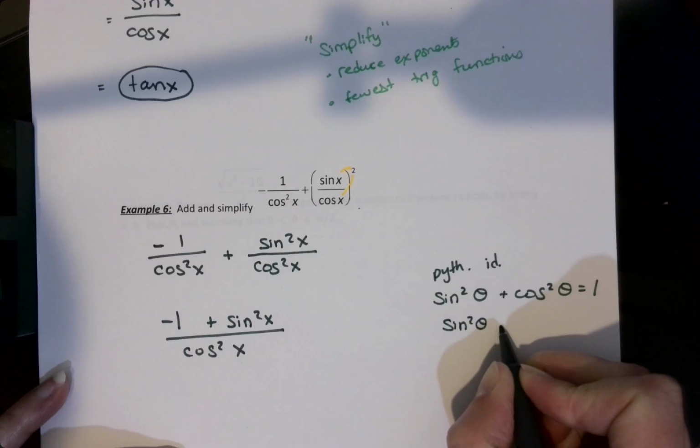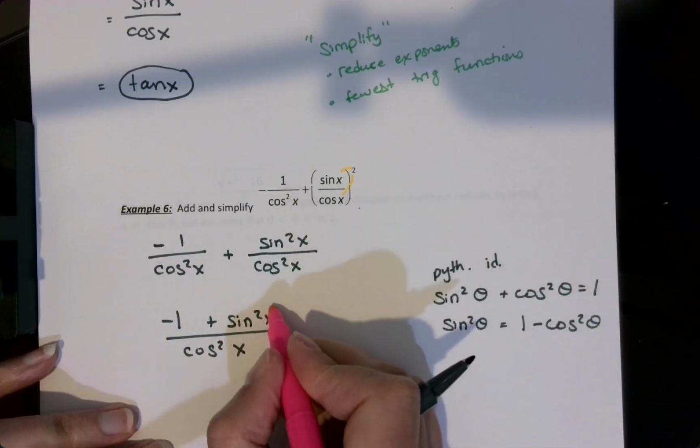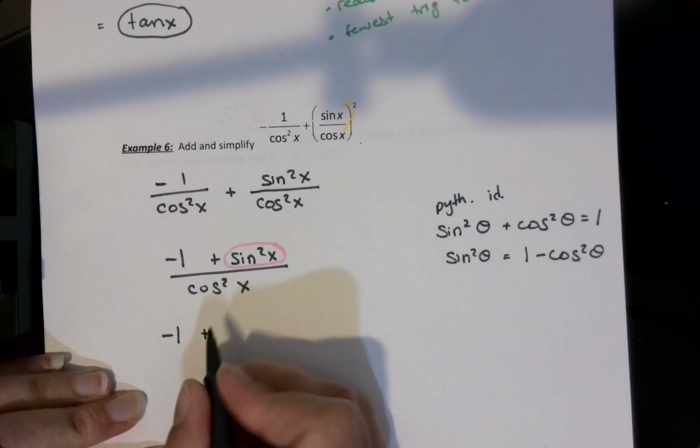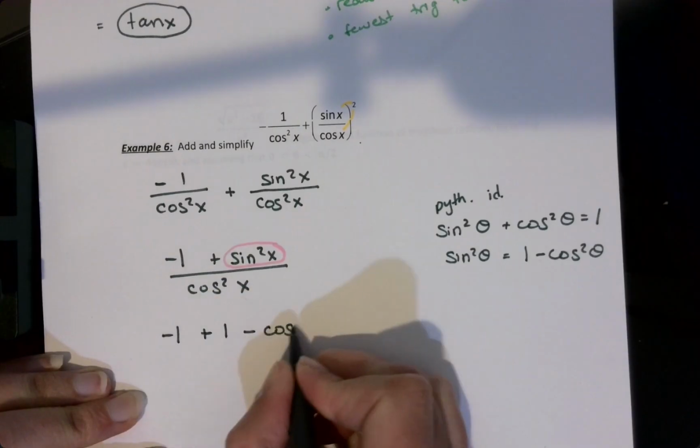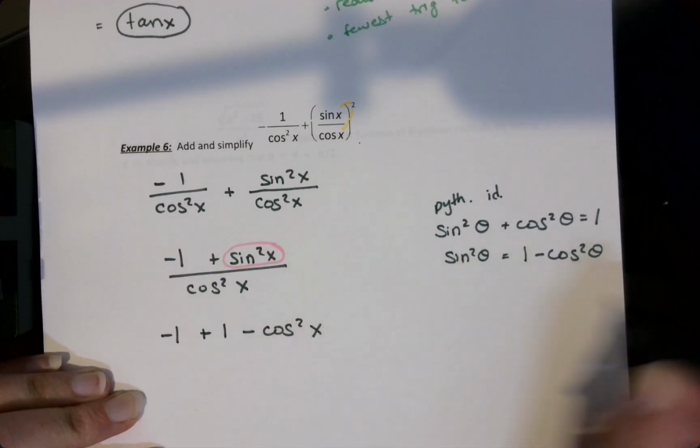We've substituted an identity for sine squared here over the cosine squared x. Now we'll continue and notice that the negative 1 and the positive 1 are going to add to 0. So I have negative cosine squared x over cosine squared x, and those are going to reduce fully and give me negative 1.